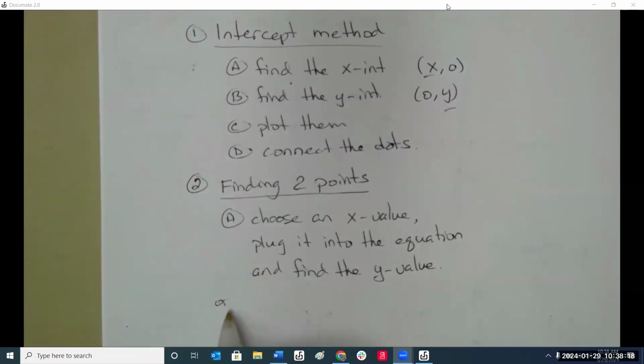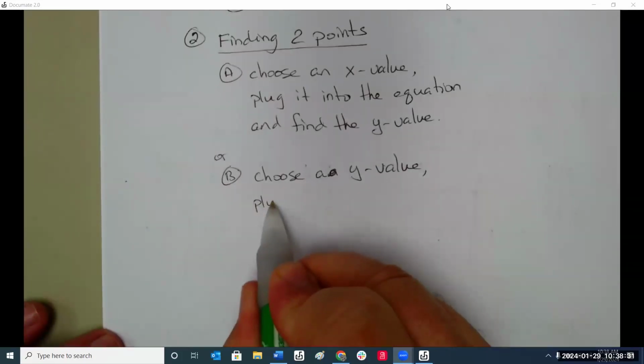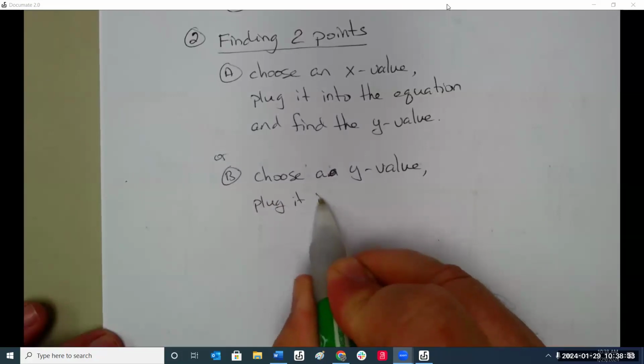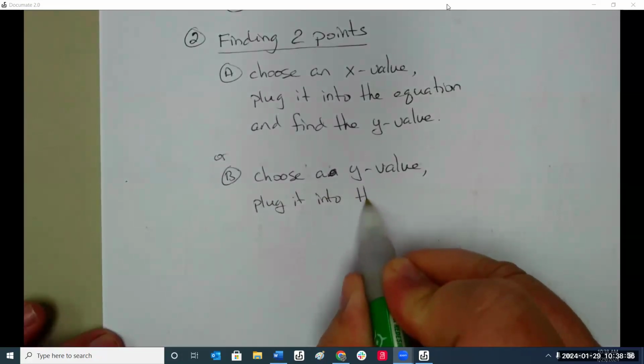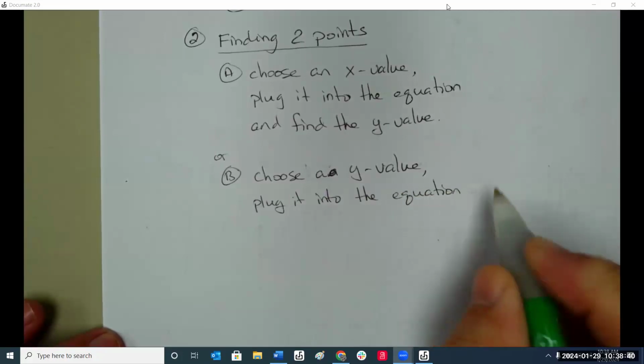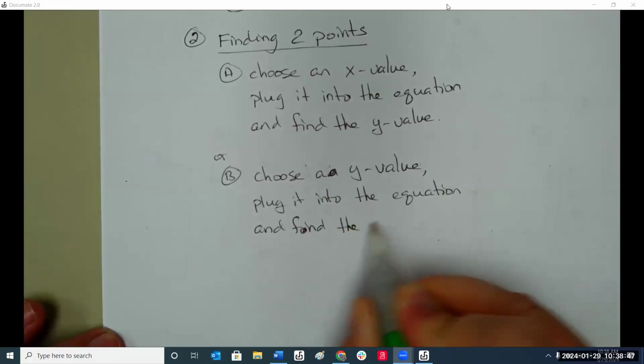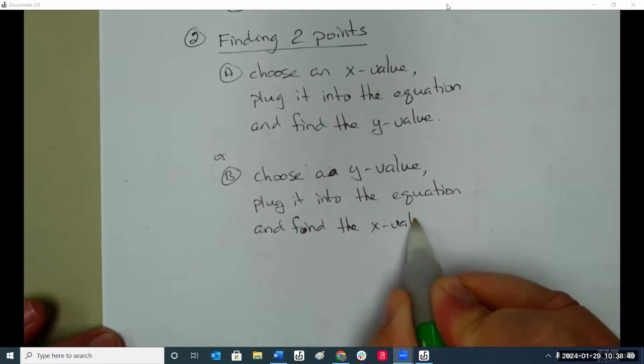Or choose a y value, plug it into the equation, and find the x value.